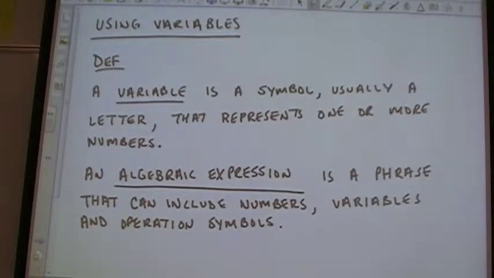So our example of a variable, I'll do it in red, would be x. What is an example of an algebraic expression? Has to be an expression. X plus 7. Yeah. X plus 7, and there's an algebraic expression.